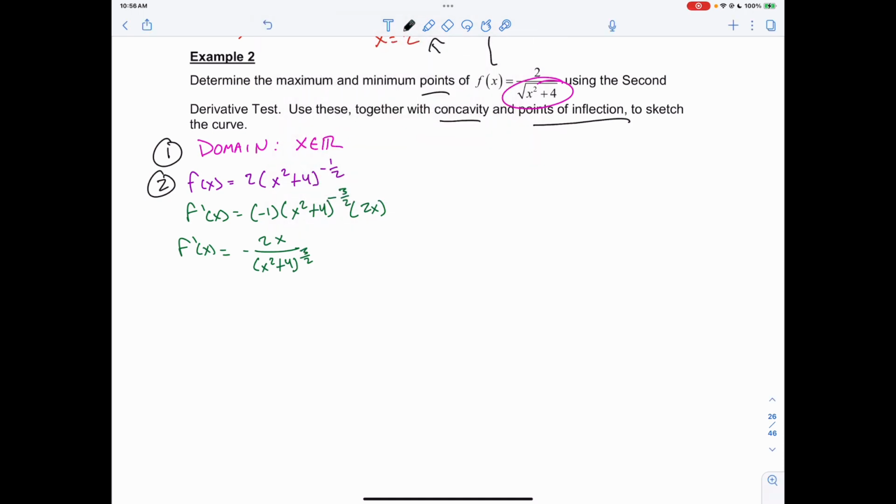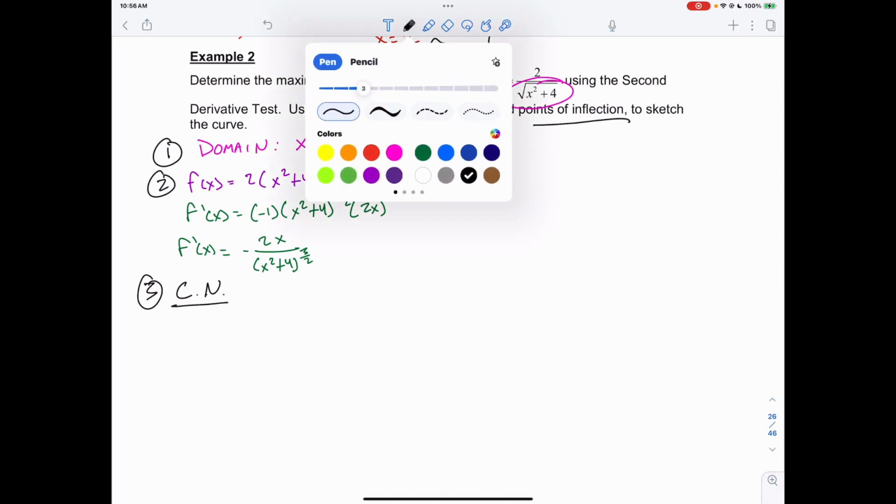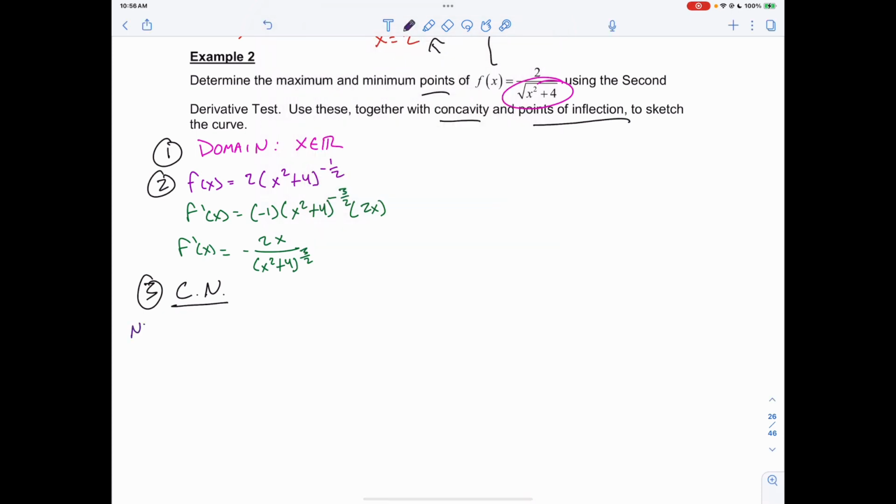I'm going to find my critical numbers. I'm going to pull from the numerator and say that if -2x is equal to 0, then x would just equal 0.